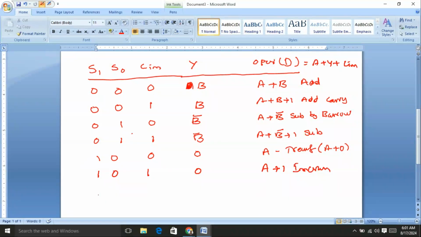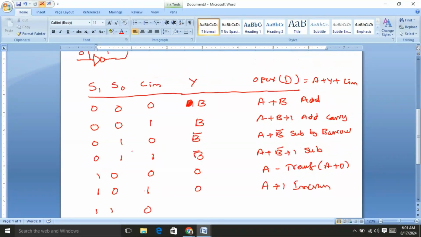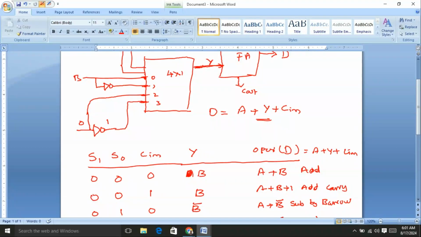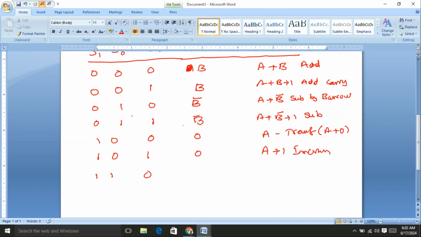And now 1 1 and 0. 1 1 means the final input of the multiplexer is turned as the output. That means the final input is actually all ones. We know that all ones means this is minus 1 actually.